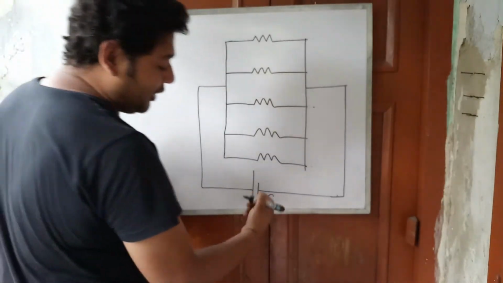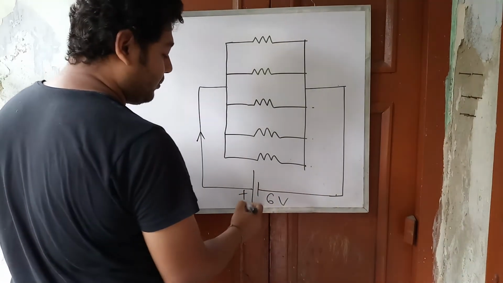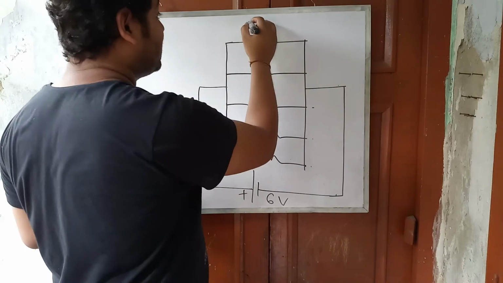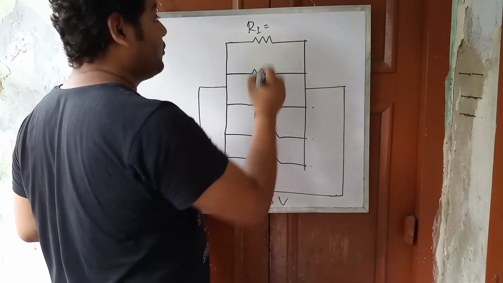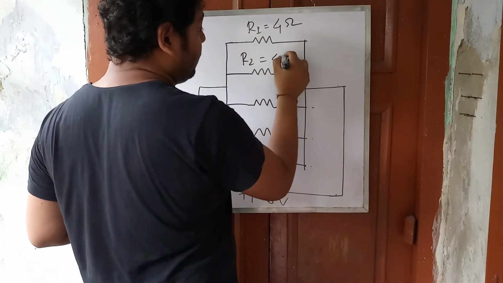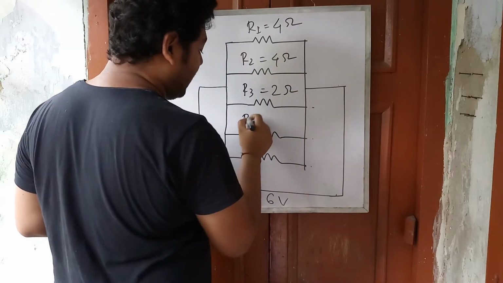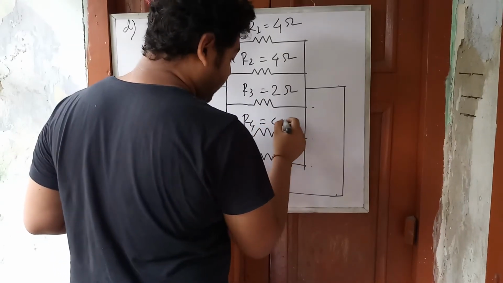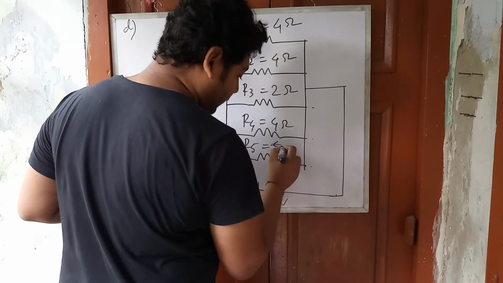The unchanged EMF will be 6 volt, and the current passes from the positive side of the battery. This is our R1, and R1 was 4 ohm, R2 4 ohm, R3 2 ohm, R4 4 ohm, and R5 4 ohm.